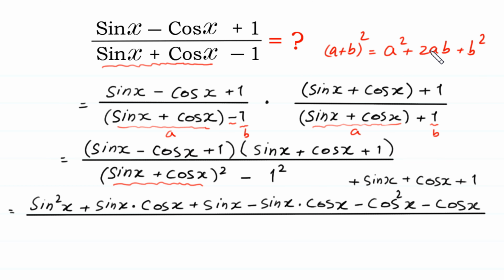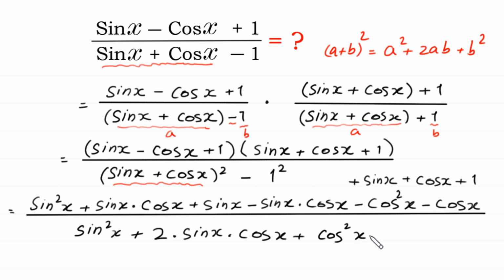According to this identity, this sine of x plus cos of x whole square is equal to sine square x plus 2 times sine of x times cos of x plus cos square x minus 1 square is equal to 1.